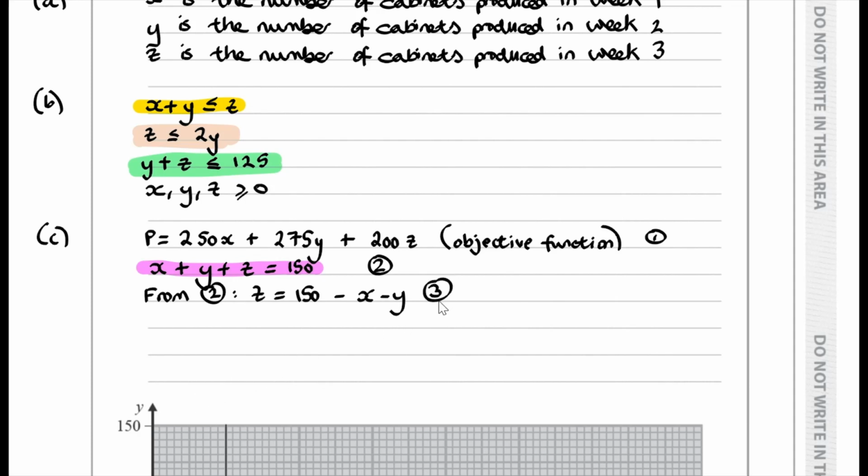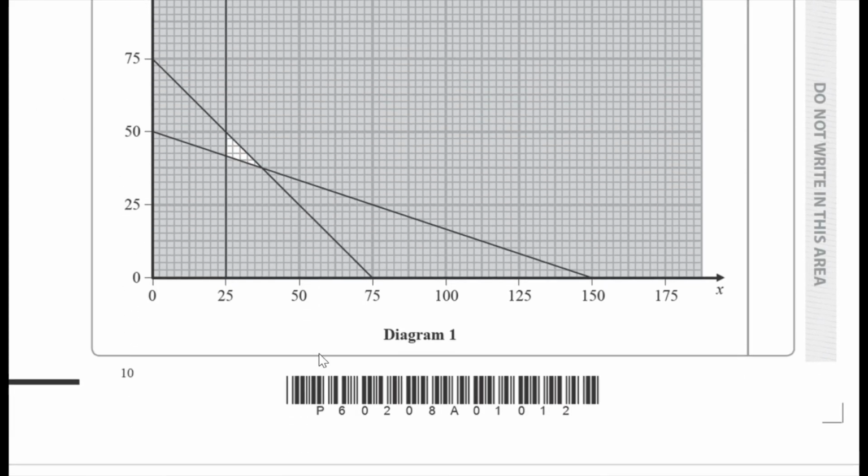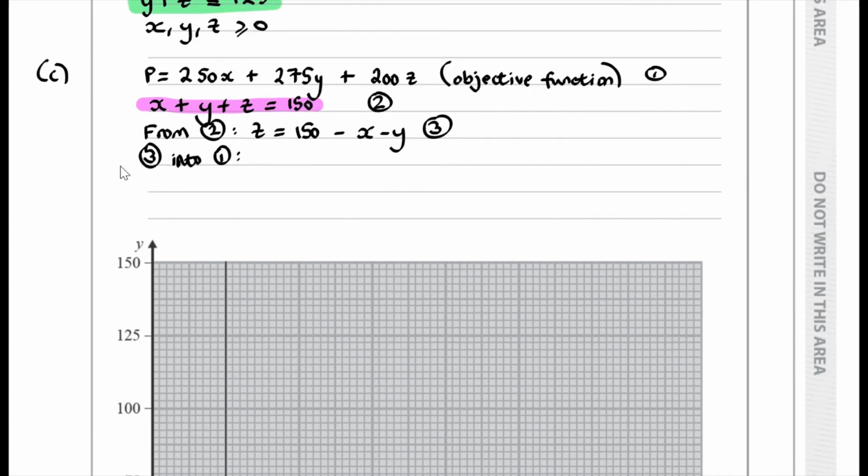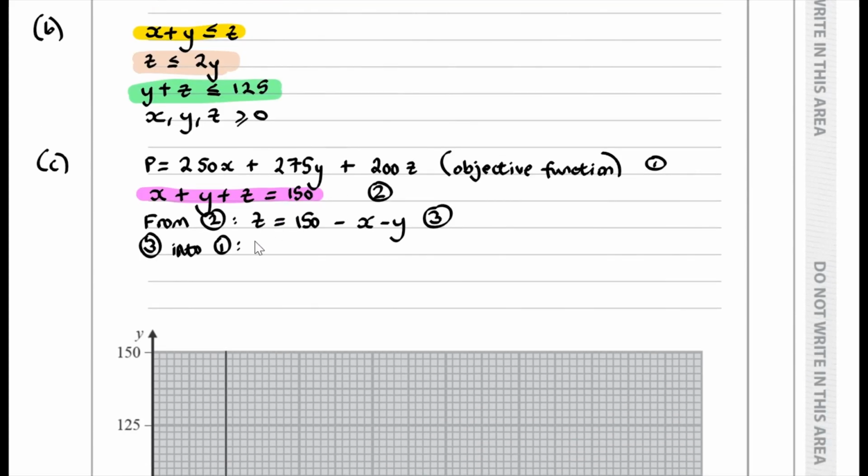And then we will substitute equation 3 into equation 1. The reason we want to do that is because if you look at this graph, that's in terms of x and y only. So we have p equals 250x plus 275y plus 200z. Z over here is 150 minus x minus y.